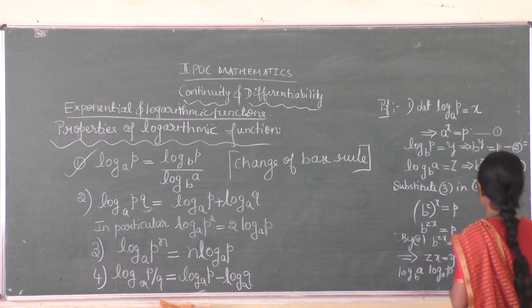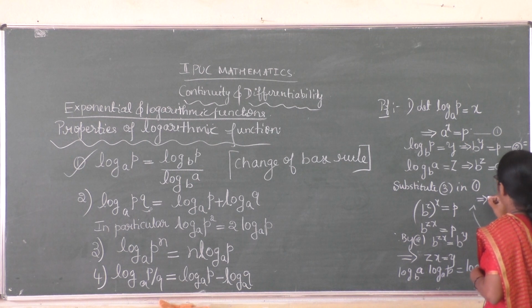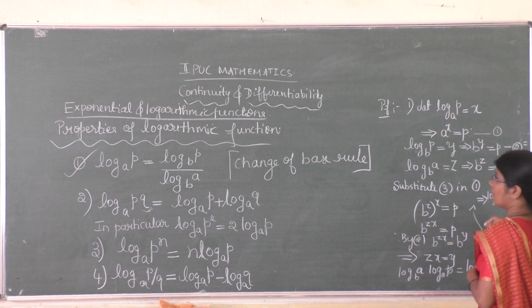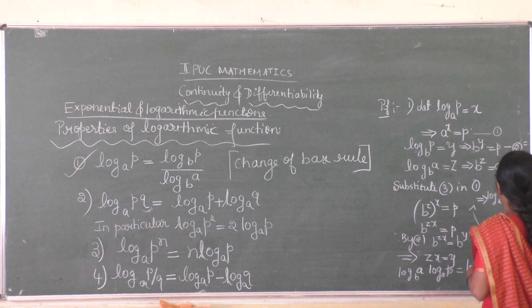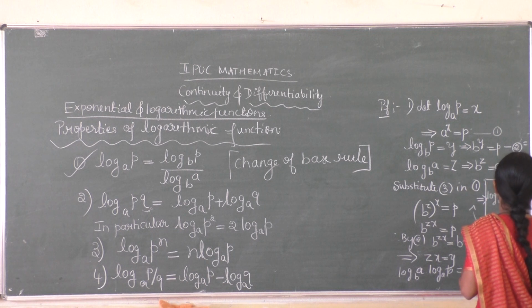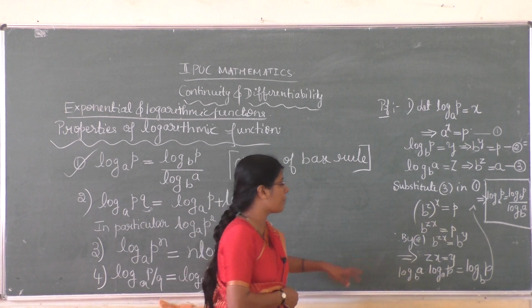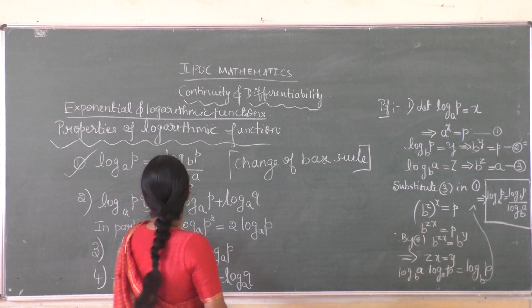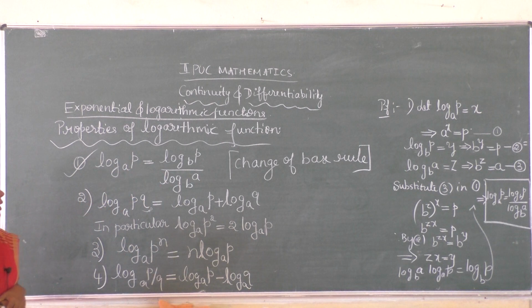So this implies log p to the base a is equal to log p to the base b divided by log a to the base b. This is the change of base rule. First we had the base a, then we change the base to b. So this is how we use the change of base rule.